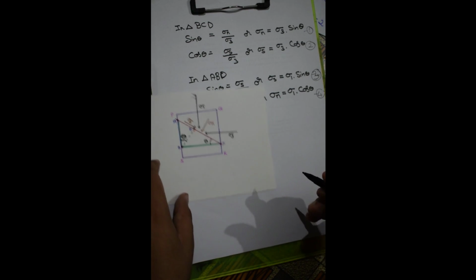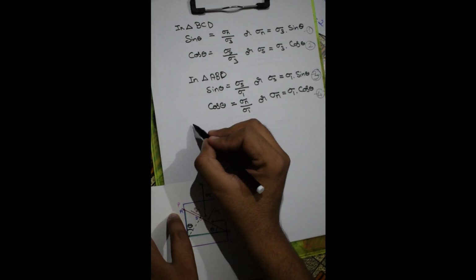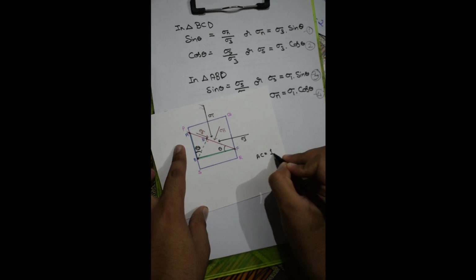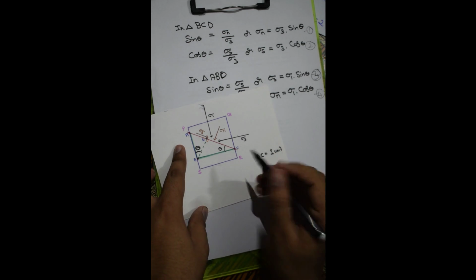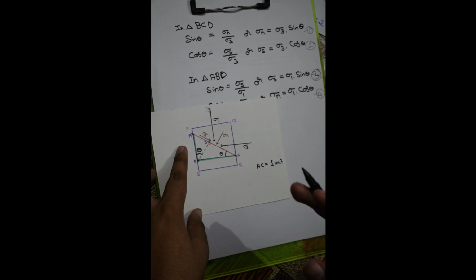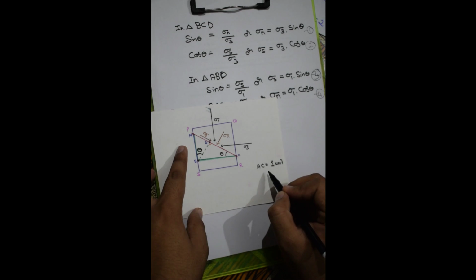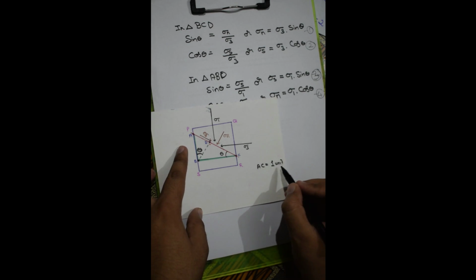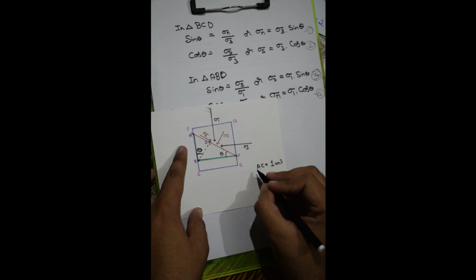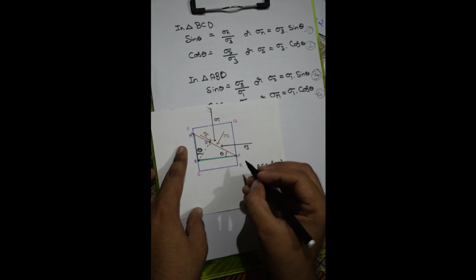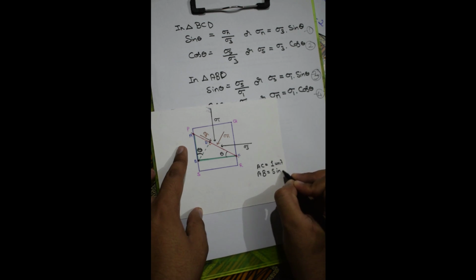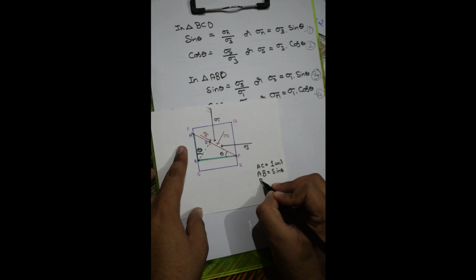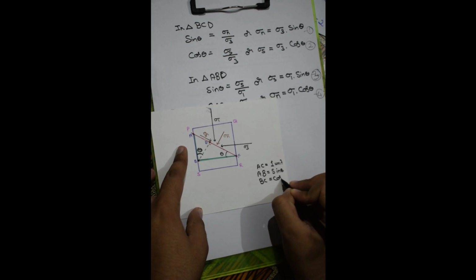Now we can see here that in this triangle, if I am taking AC as 1 unit, AC is actually the trace of this fault plane or the fracture plane, and if I am taking the area of this fault plane or the fracture plane whose trace is AC as 1 unit, then AB will be equal to sine theta and BC equal to cos theta.